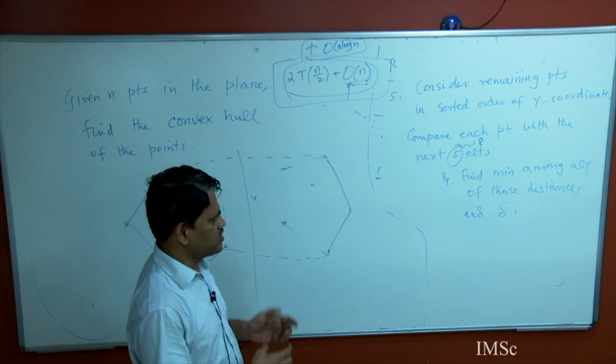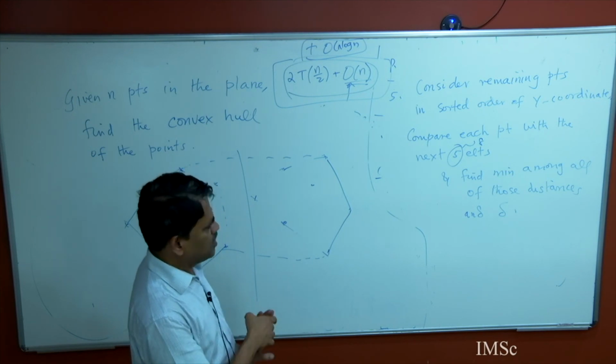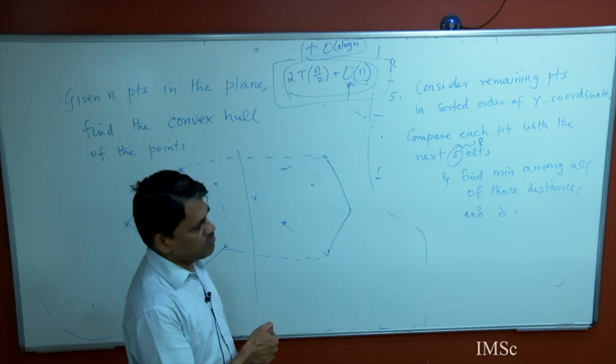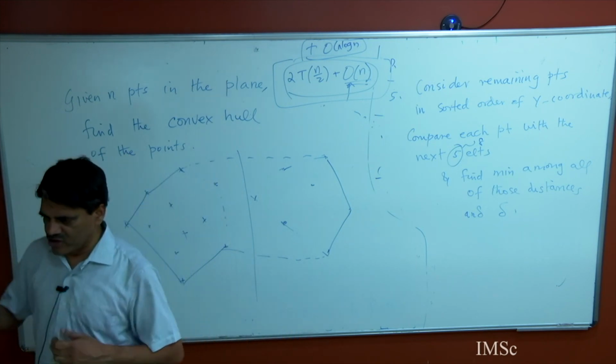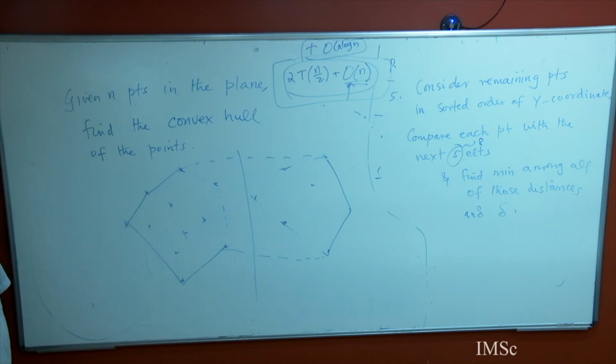The discrete Fourier transform is another nice application. There are problems in geometry where you can use divide and conquer to get a faster algorithm. So I think we'll stop and move on to something else next time.